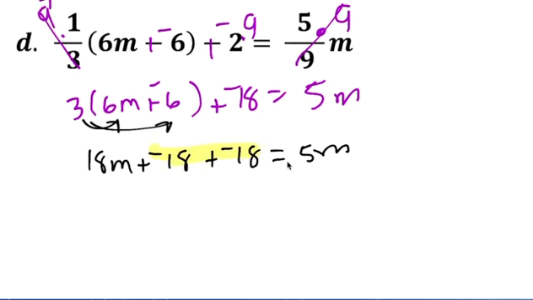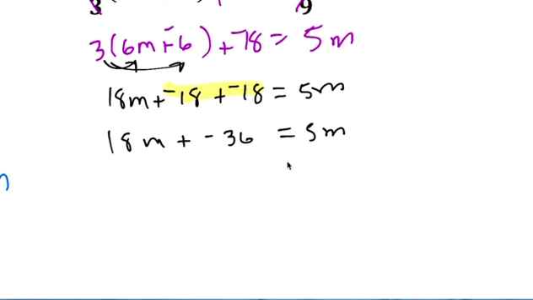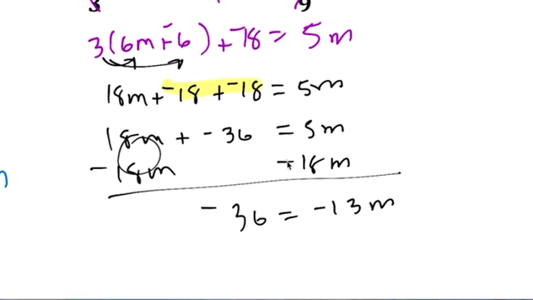Combine these, they're alike. 18m plus a -36. You get -36 equals -13m.